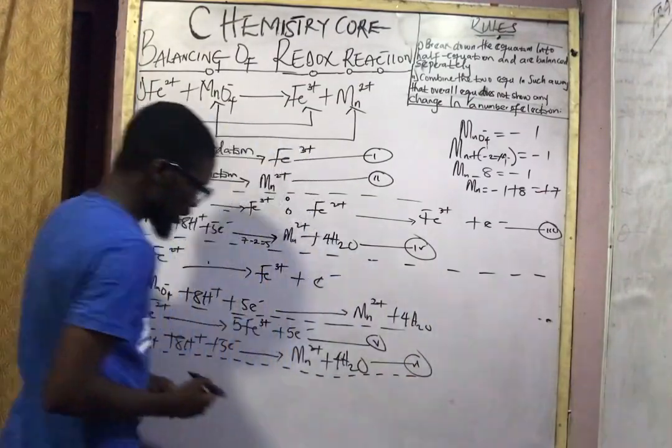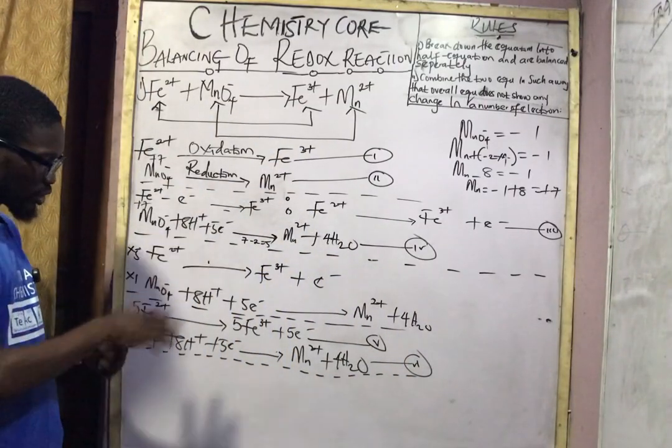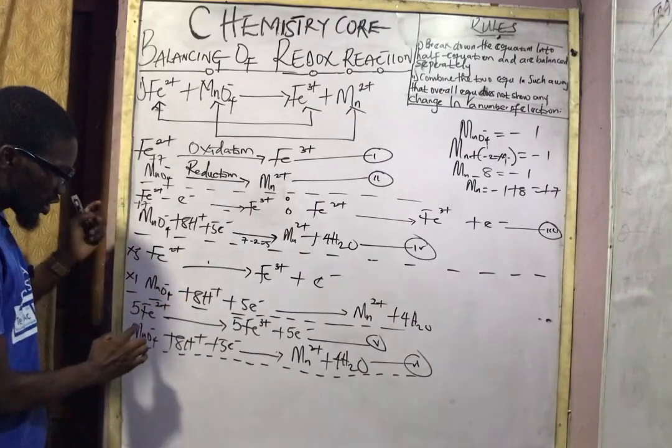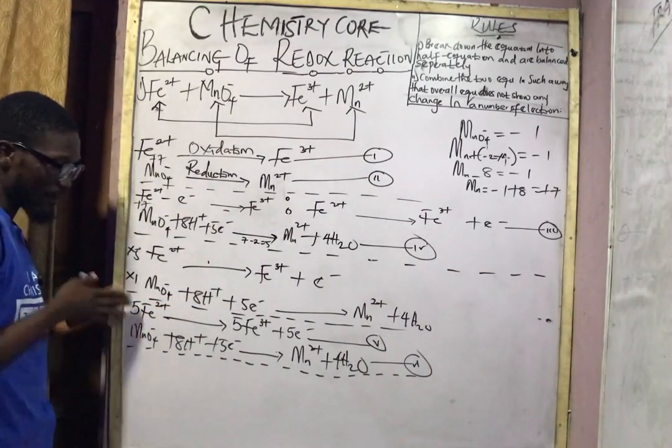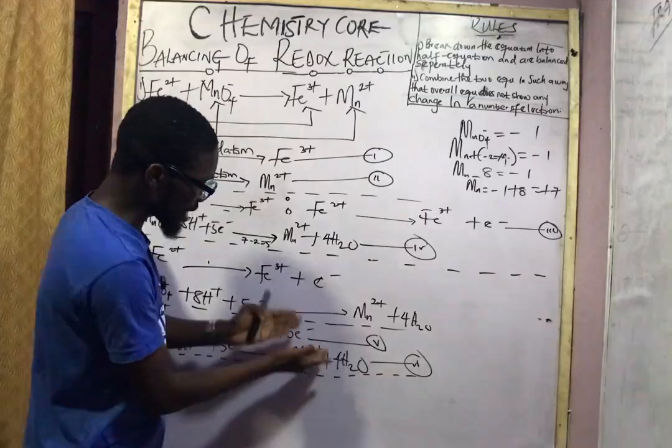Now guys, we are going to combine both equations. So how do we combine the equations? You combine the reactant side together as well as the product side together.